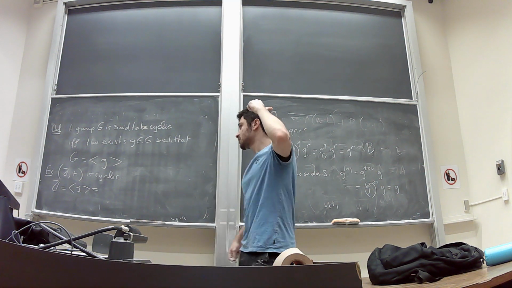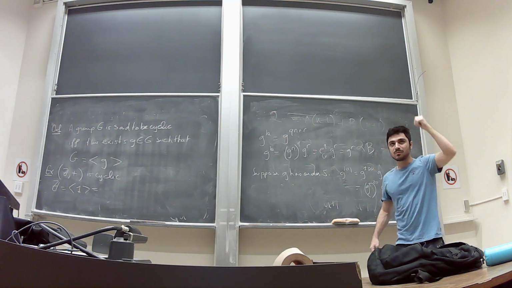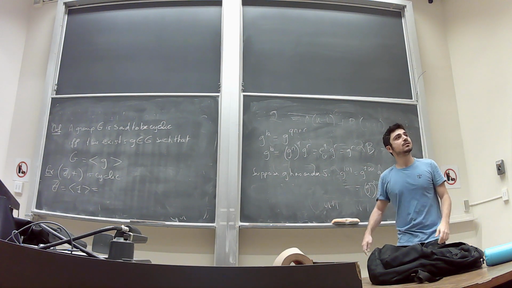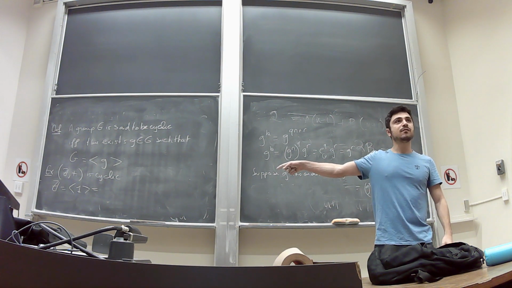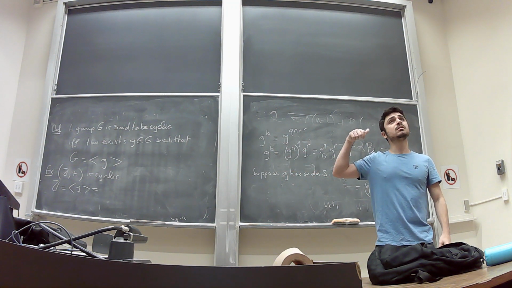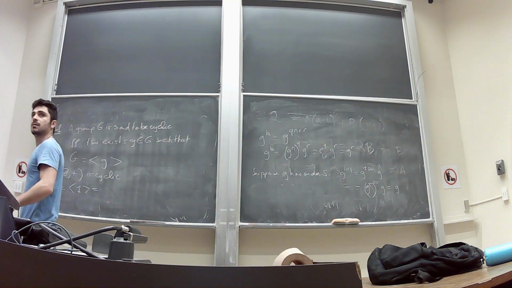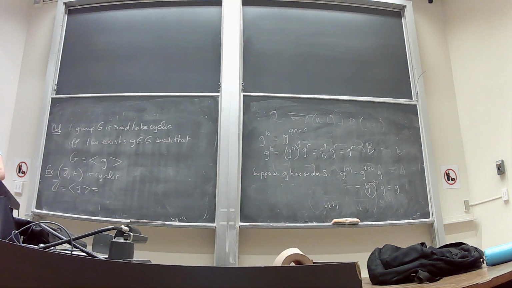And then you have 0, and then minus 1, minus 1 minus 1, then minus 1 plus 1 plus 1, right? Do we see that 1 generates Z? Is every element of Z a multiple of 1 or not? That's it. Okay?